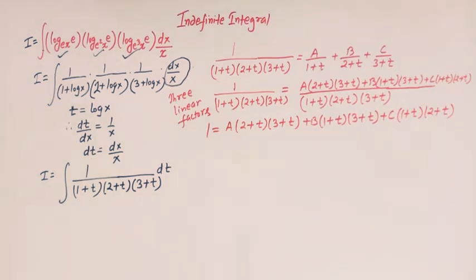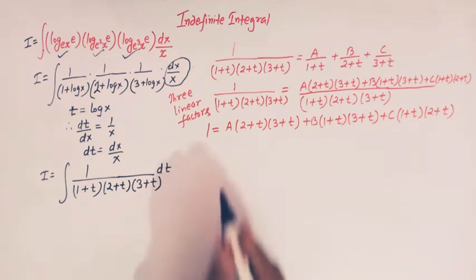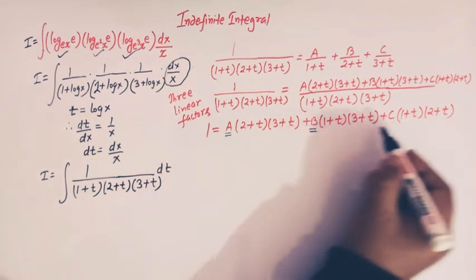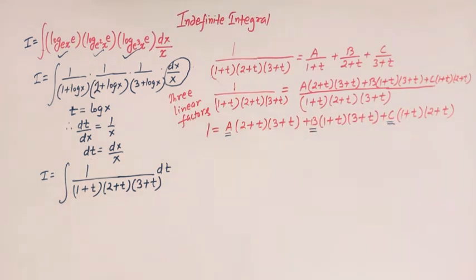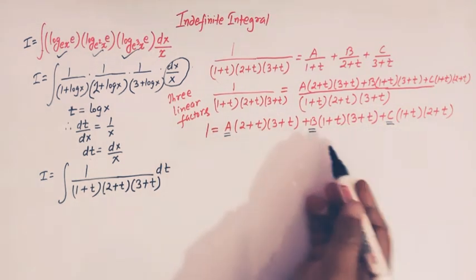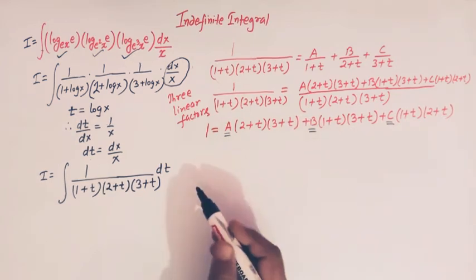And now here our aim is to find out the values of the constants a, b and c, and we already know how to find the values of these constants.